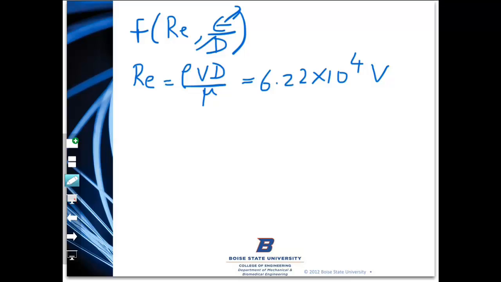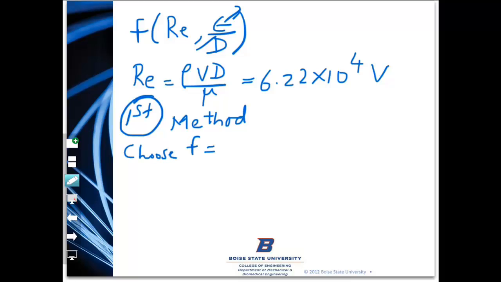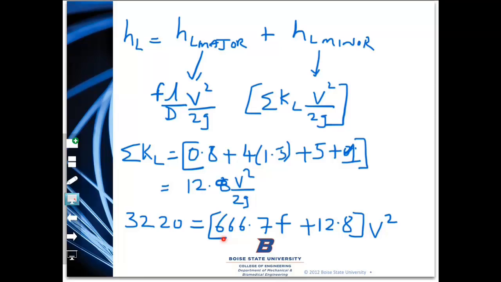Let's talk about a couple of methods. The first method is what you probably would have to use in your exams when you don't have access to a computer. What you do is you choose some f, let's say you pick 0.02, and then you compute the velocity because you have a relation between velocity and f, so you can use this equation.